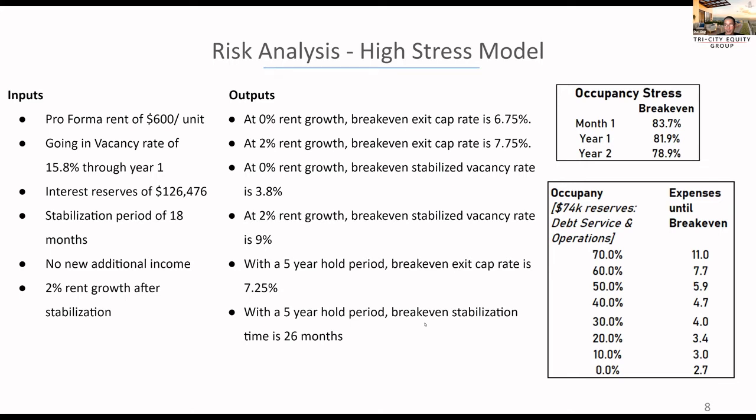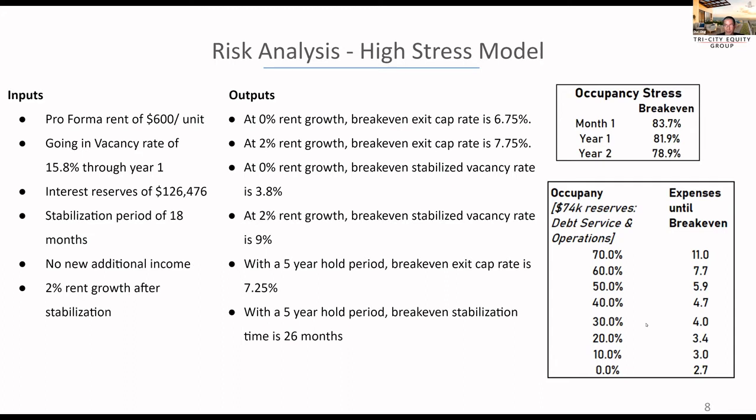Another stress test we do is looking at the break-even occupancy over time. In the high stress model, the break-even for month 1, right when we take over, is around 84%, and it drops to about 79% in year 2. That means we can have that much economic vacancy, like 20% or more, and still break even.